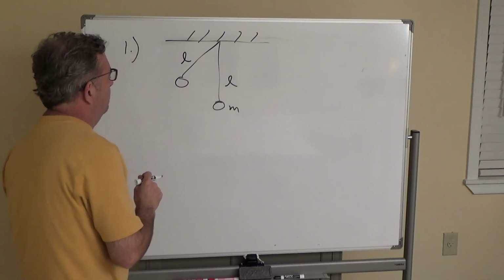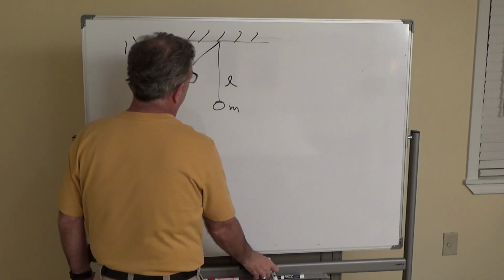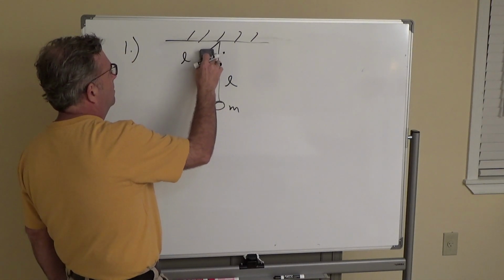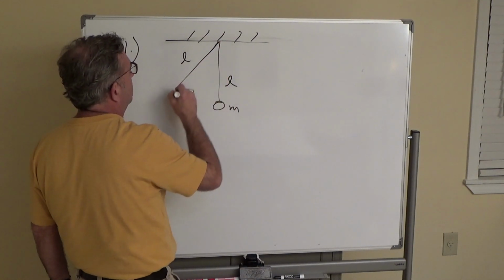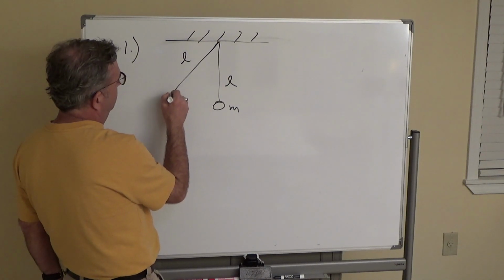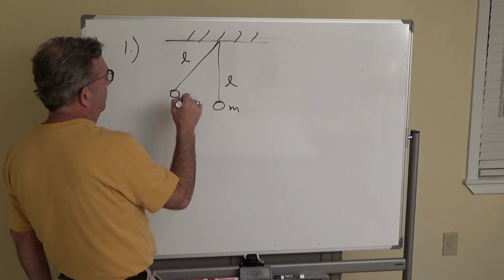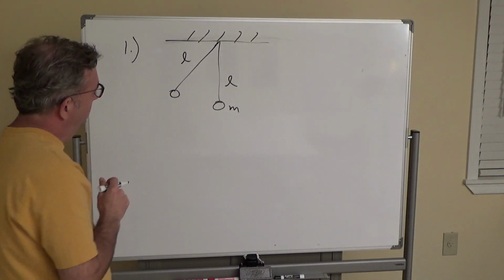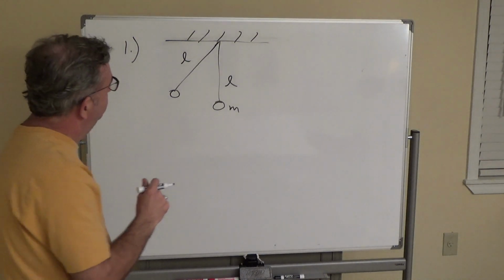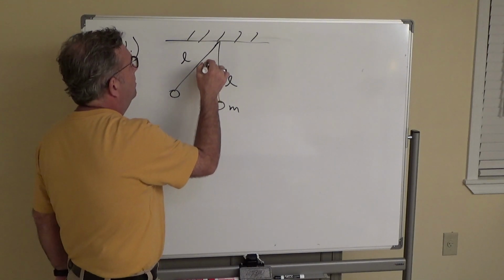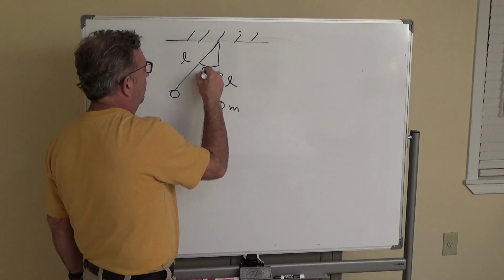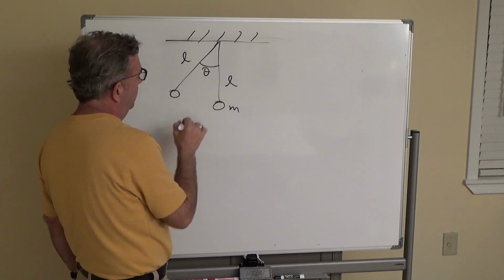Okay, so you swing up to this point. Let's make the drawing a little bit better. Okay, that's pretty good. Better anyway. Okay, so you swing the mass up to this point. This is some angle theta, okay?